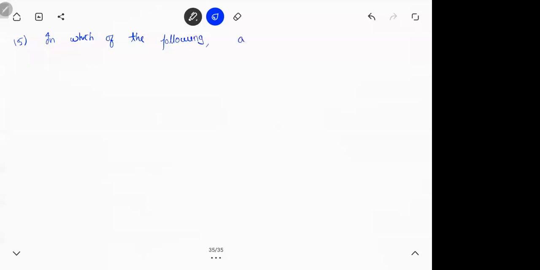In which of the following is acceleration negative?